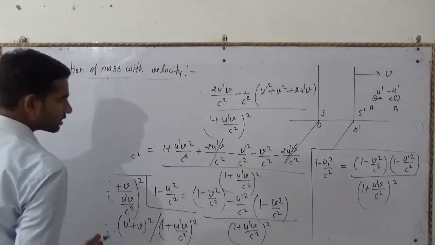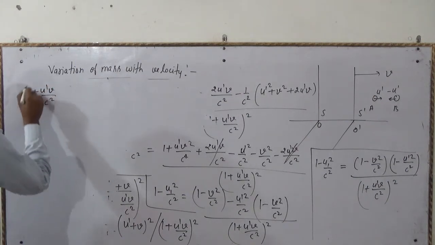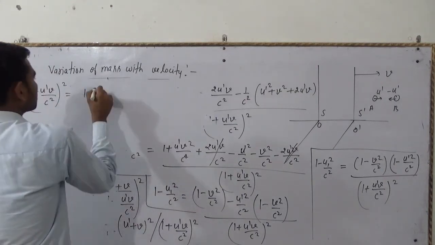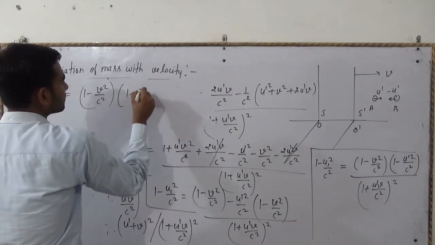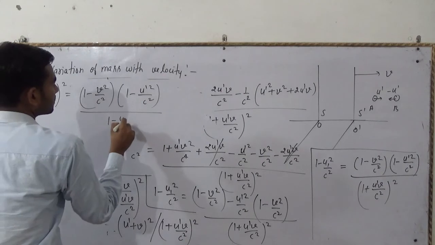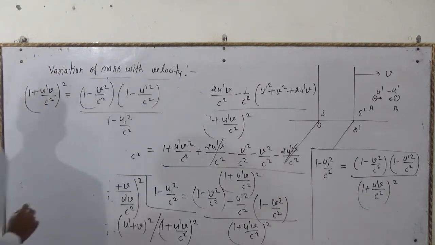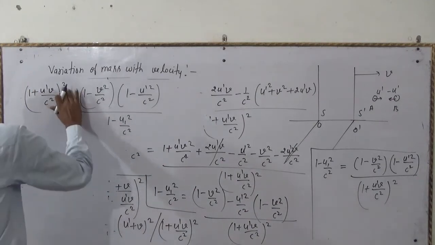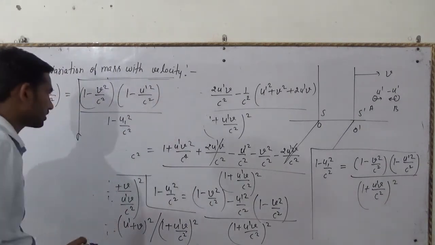From this equation we can find that 1 plus u dash v by c square to the whole square is equal to 1 minus v square by c square into 1 minus u dash square by c square upon 1 minus u1 square by c square. We want only the value of 1 plus u dash v by c square, so if we remove the square, we will get all this term in square root form.